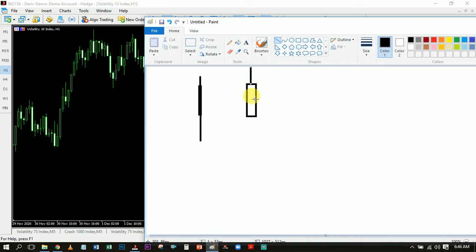Okay, let me redraw this so that you can have a much better understanding of what I'm trying to achieve. Okay, so let me make this. It's gonna be a long one. Then let me make this also a short one.